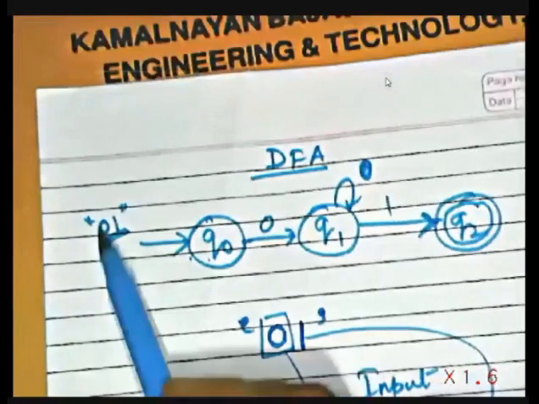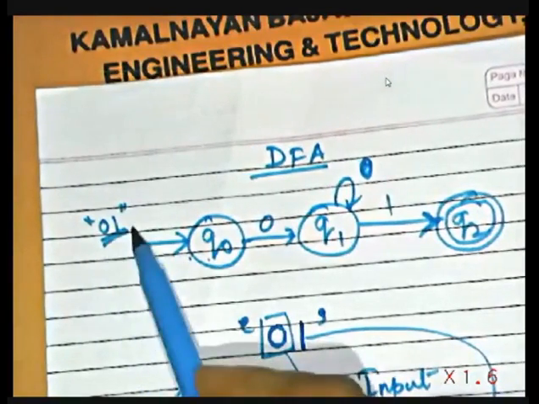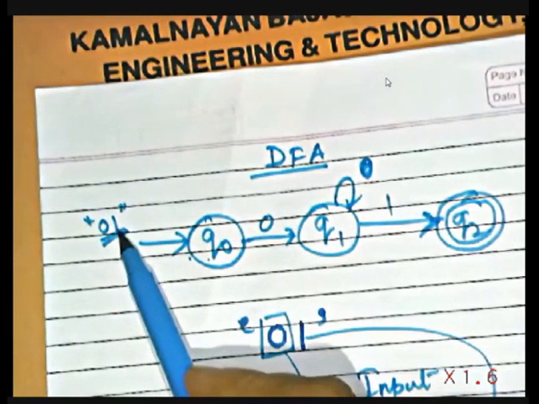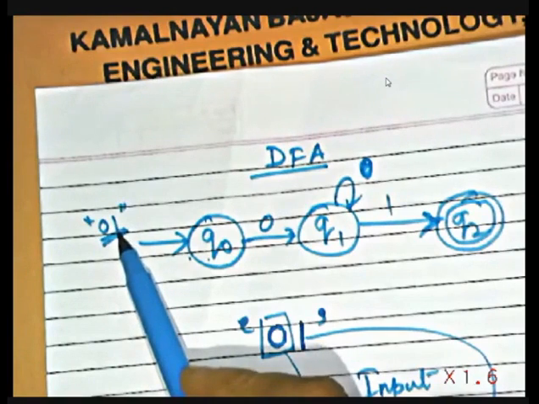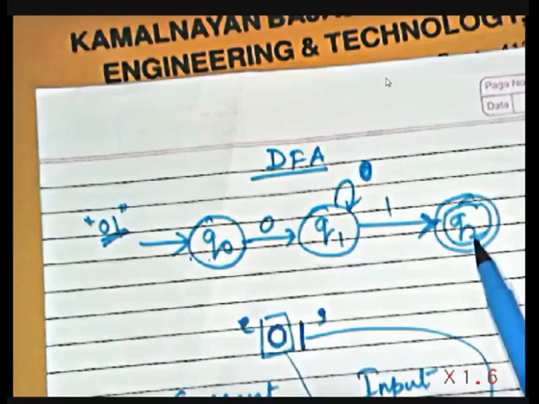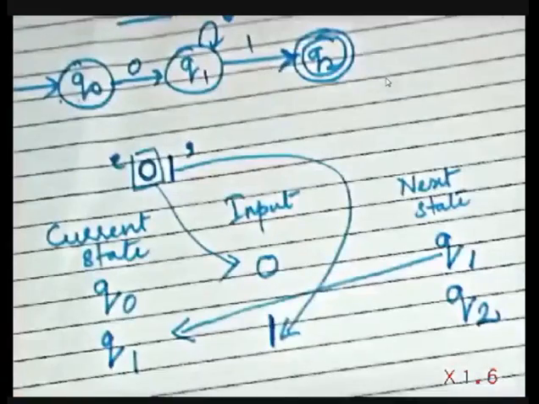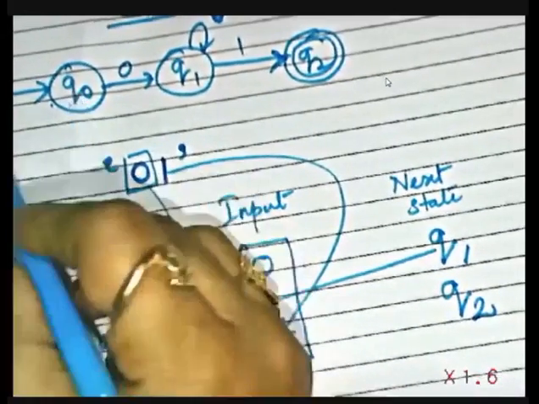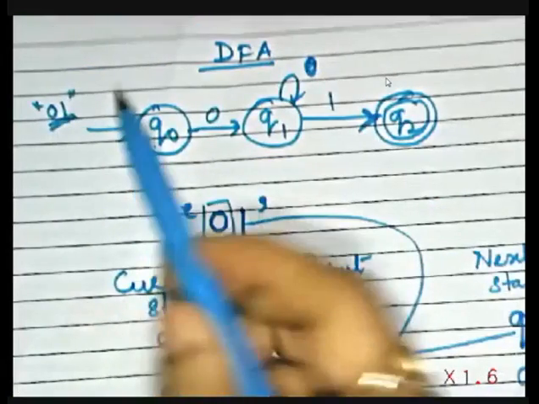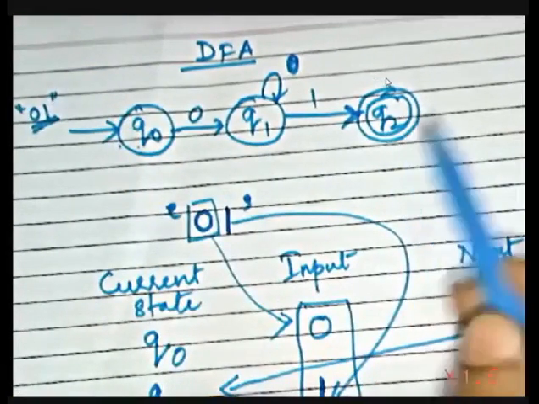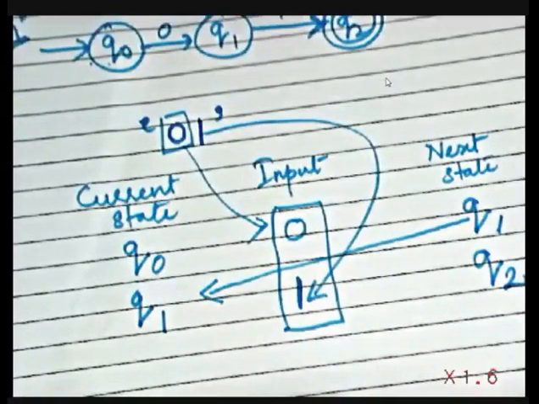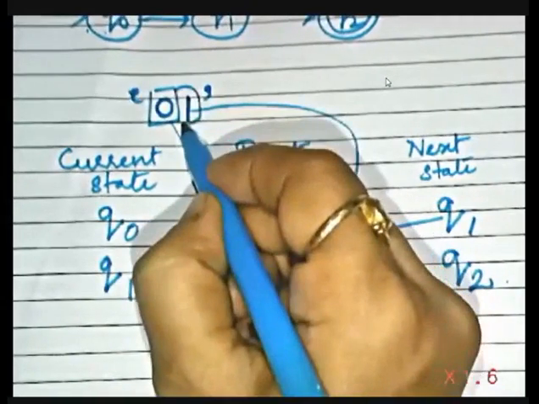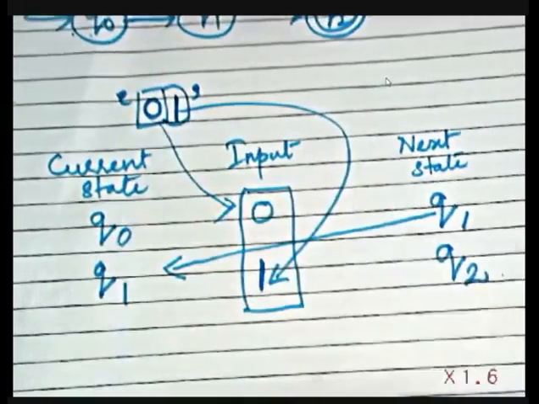My string is over, and my string had only two symbols, 0 and 1. And with this combination, I could reach the final state. That's why I can say that my total string is also read. I have read the total string 0, 1, and I have also reached the final state. So this particular 0, 1 string is acceptable to my finite automata.